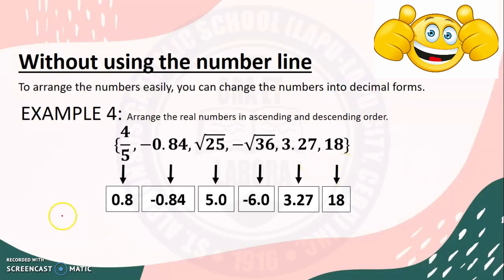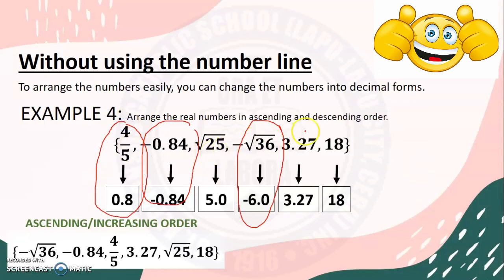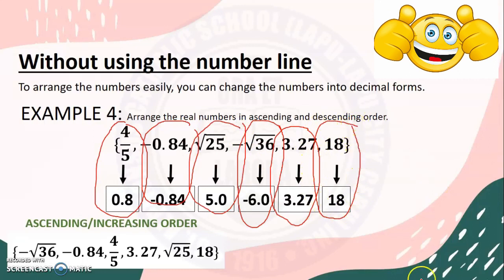So, that is negative square root of 36, this one, followed by negative 0.84, followed by 4/5, followed by 3.27, followed by square root of 25, and then the last or the biggest, which is 18.